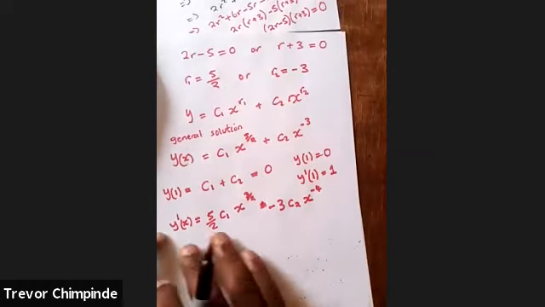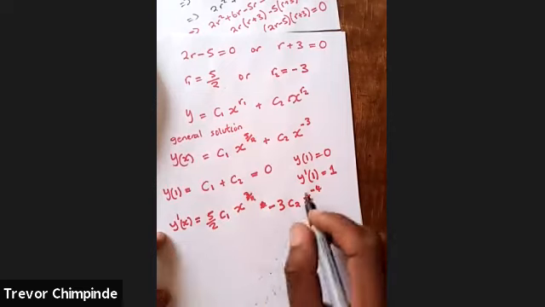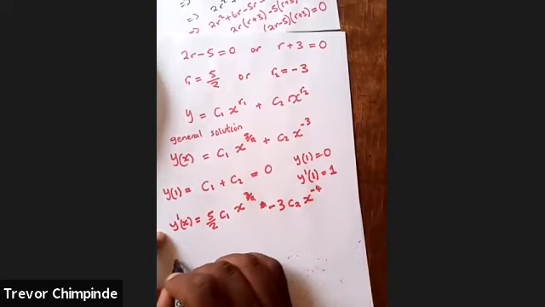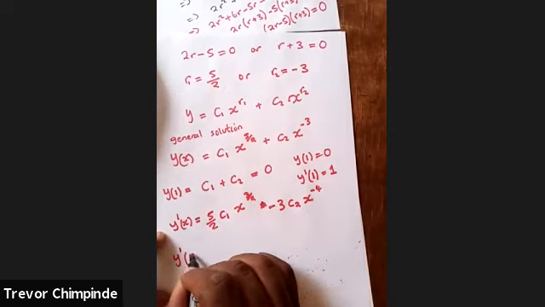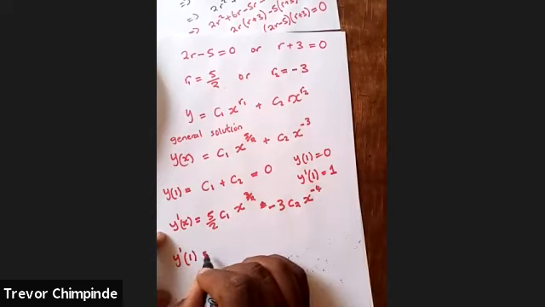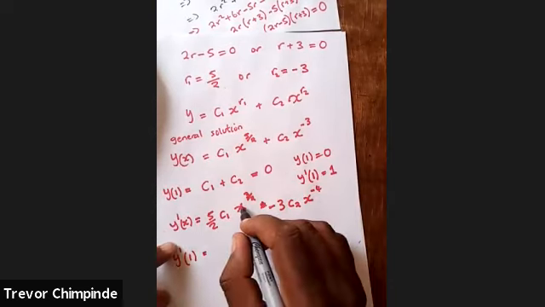This is the first derivative. Then you plug in 1 to get y prime of 1. So what are we doing again? Where there is x, we plug in 1.